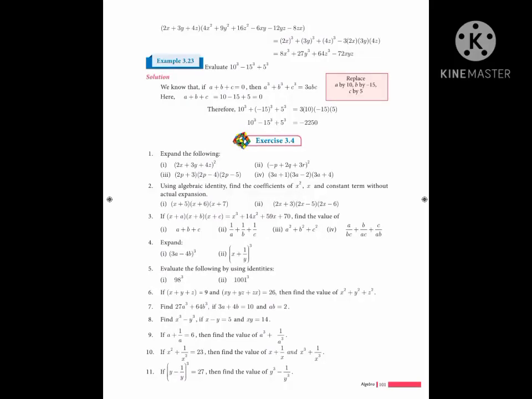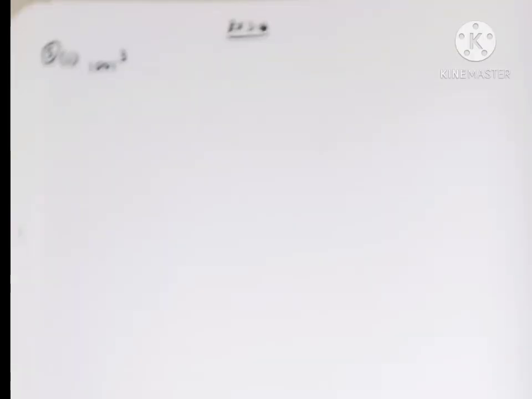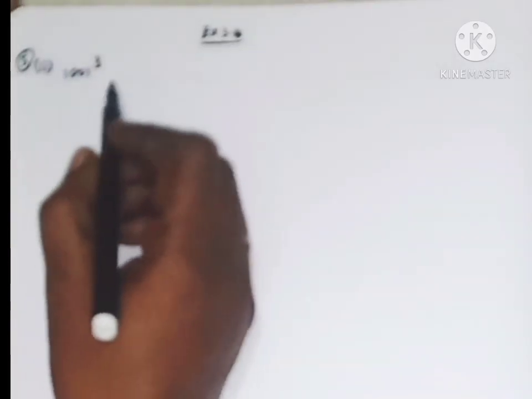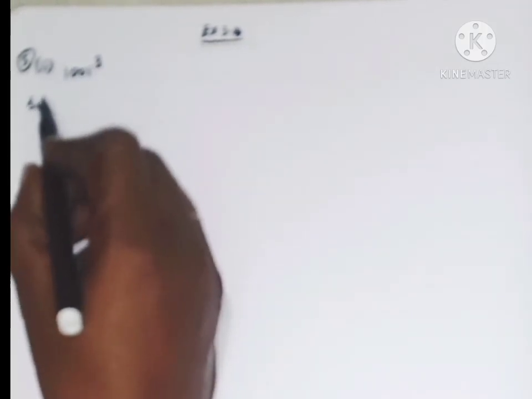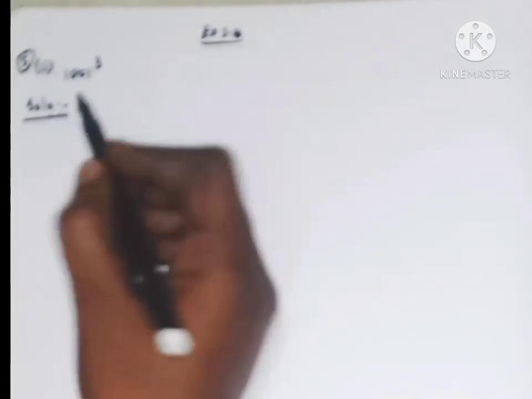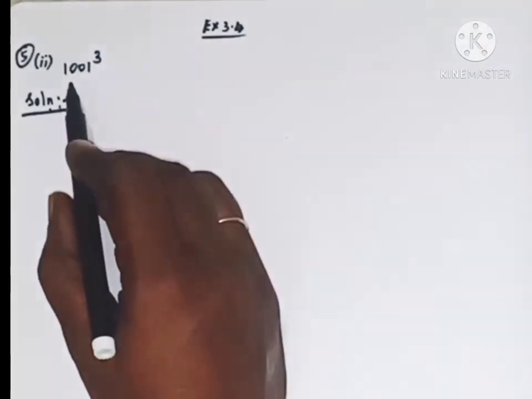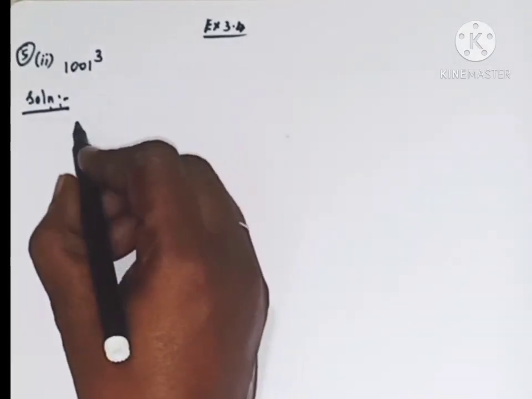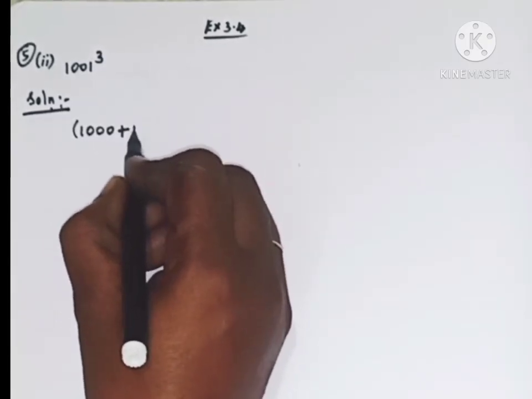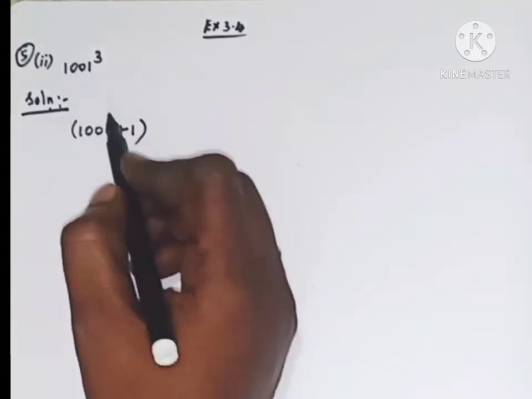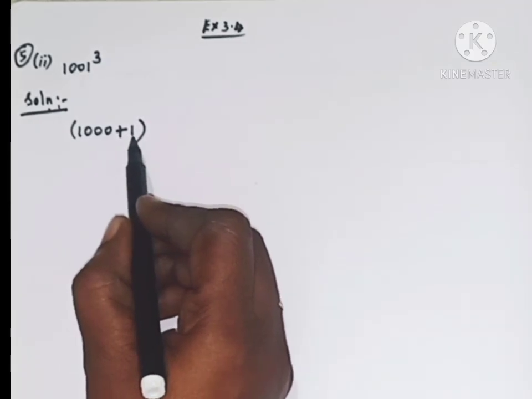Exercise 3.4, fifth sum, second subdivision. 1001 the whole cube. Solution: 1001 the whole cube can be written as 1000 plus 1.